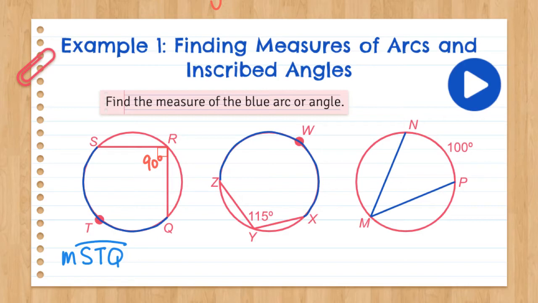Now remember, angle equals half of the arc. So the angle equals 90. And we can put it into a little formula. So 90 equals half of the arc that we don't know. So if we're solving for the arc that we don't know, we can multiply both sides by 2 to get rid of the 1/2.